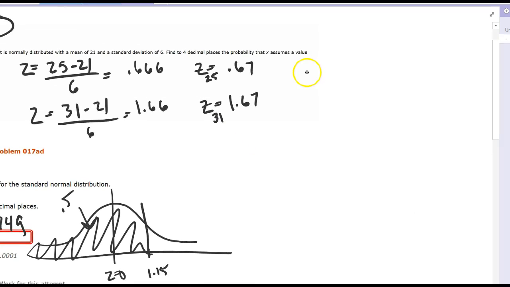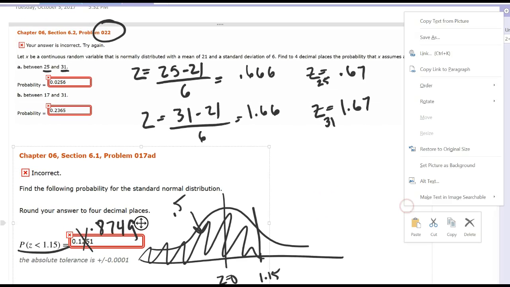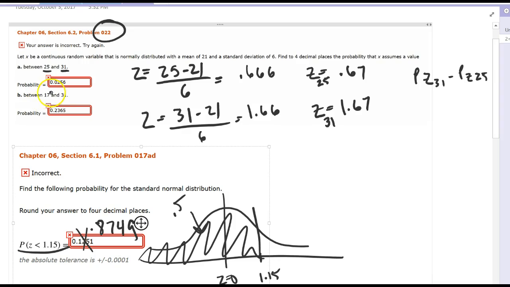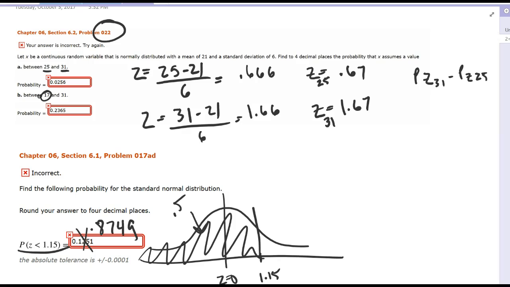So you're going to take the probability of z31 minus the probability of z25, and you get the probability that it's in between those. And the same thing with 17 and 31, except in this case 17 is going to be a negative z value. 31 we've already found here.